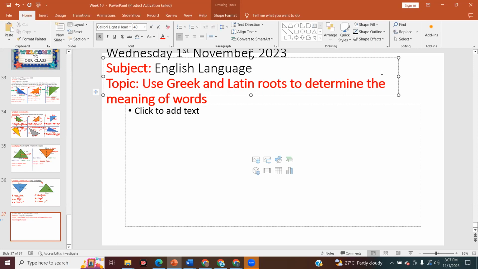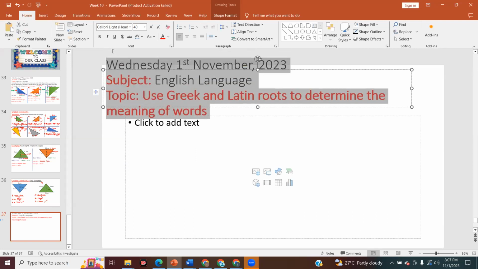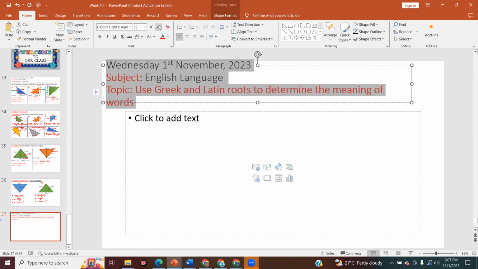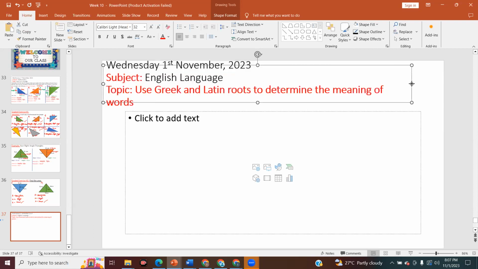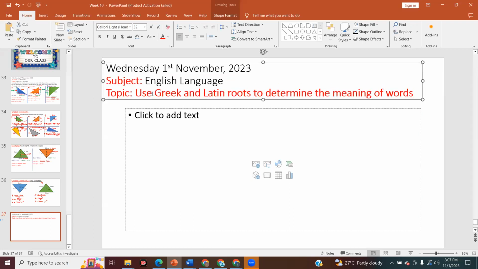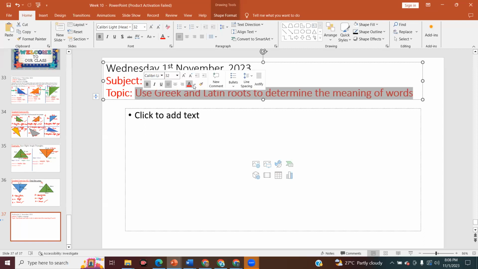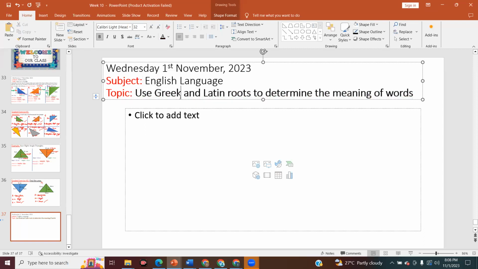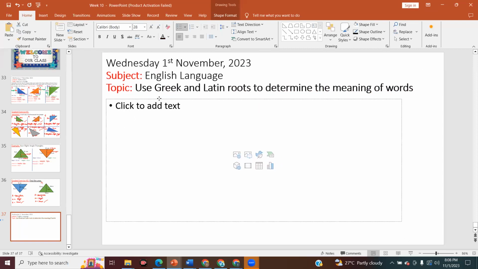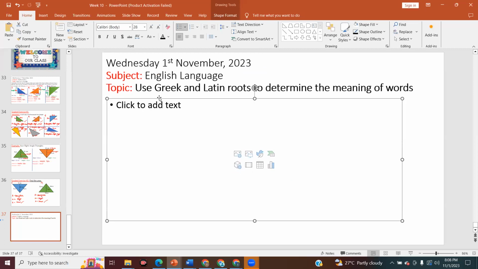All right, do you know that a lot of our words that we have for today, Mr. Petit, that's supposed to be use? Use Greek and Latin roots to determine the meaning of words. Do you know that a lot of the words that we use in the English language actually come from Greek and Latin? Interestingly enough, kind of weird, but it is true.